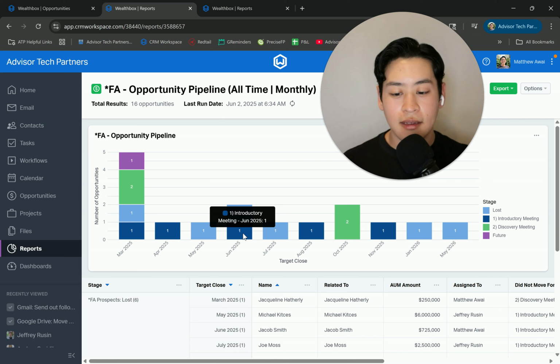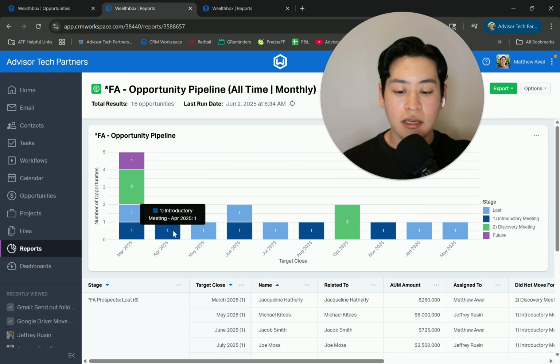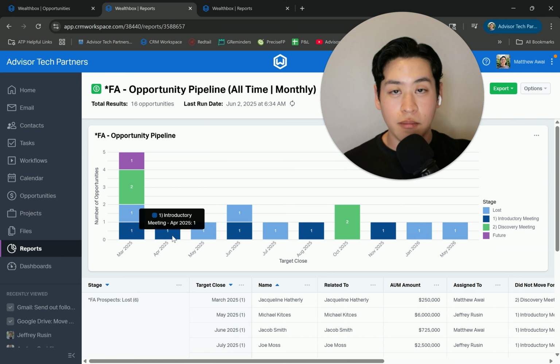What we mean by that is if you see that there is an introductory meeting with a target date in April, but again, it is May, it's June, that is in the past, we know that there are opportunities in the pipeline that are either not being kicked out as closed lost or not being pushed forward along the pipeline.